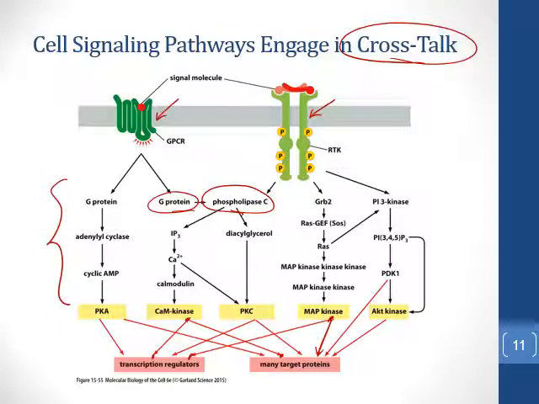So it's kind of like these pathways have to talk to each other in order to have the desired response in the cell. So the transcription regulators that are activated over here to the left can be activated by signaling molecules that bind to the G protein coupled receptor, and also by signaling molecules that bind to the receptor tyrosine kinase.